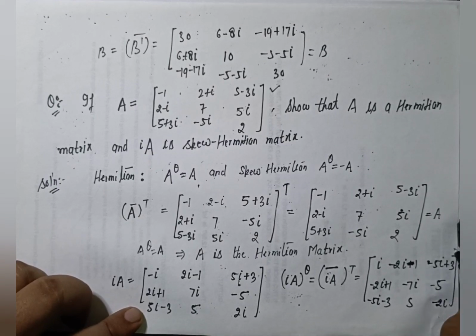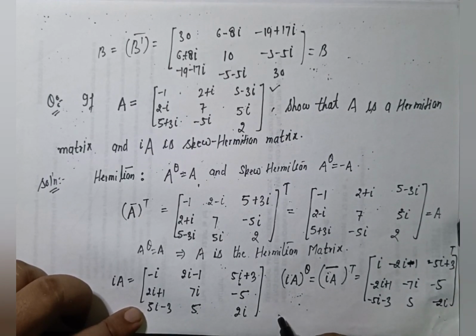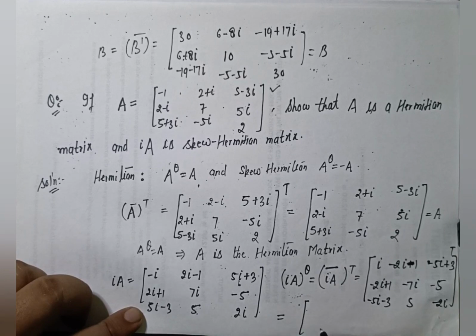Now we transpose it. So the first row is converted into the column: iota and minus 2 iota, minus 2 iota minus 1.